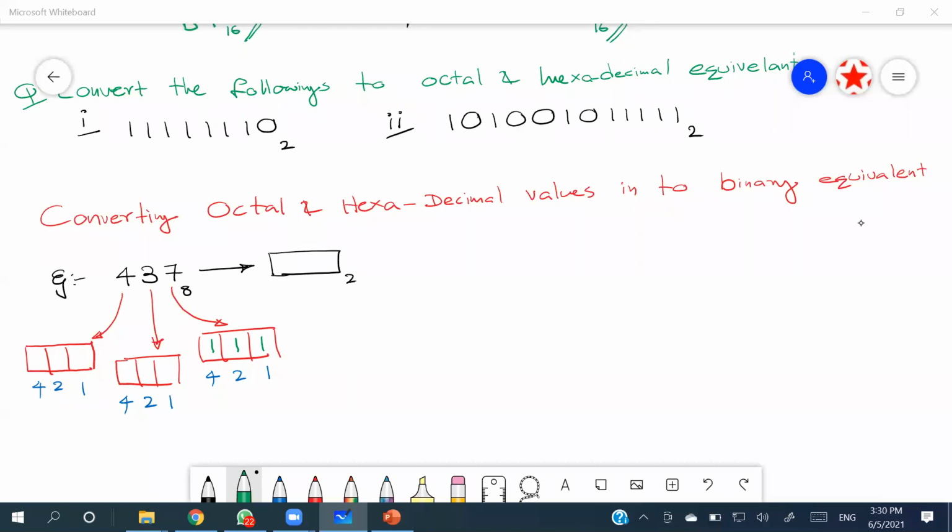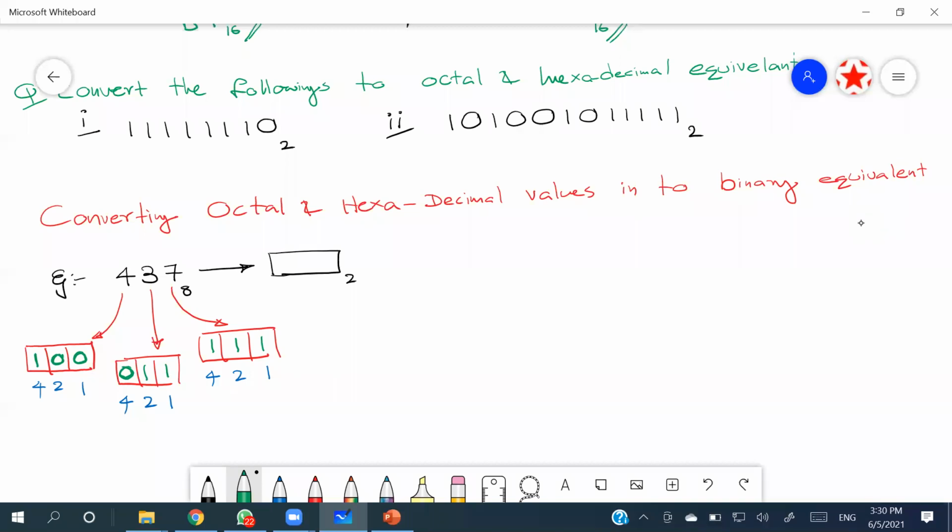Right? How are we going to make 3 out of these 4, 2, 1? We need 1, we need 2, we don't need 4. So we put a 0 for that. That is how we are going to make 3. How are we going to make 4 out of this? We need 1 over here above 4 and we don't want 2, we don't want 1.